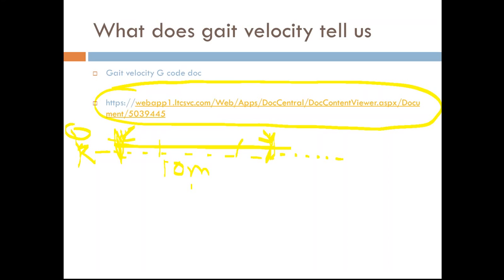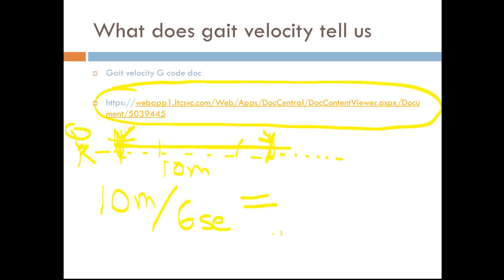Okay? So let's say Mrs. Jones here, the little lady we had, she went the 10 meters. I'm going to use the full 10 meters on her. So she went 10 meters in 6 seconds.